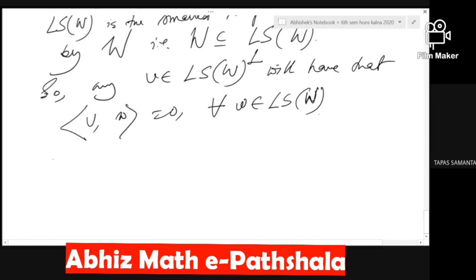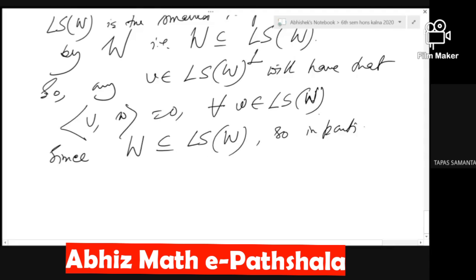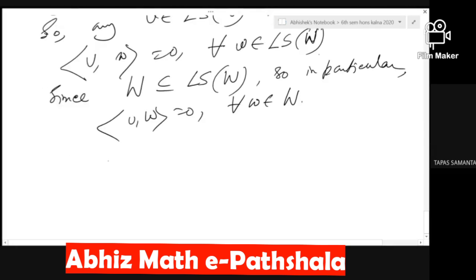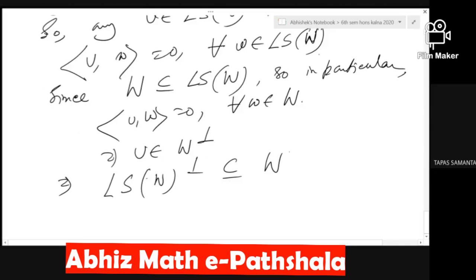Now, since W itself is a subset of LSW, in particular for every vector of W, the inner product of V and w is 0 for all w belonging to capital W, and that means V belongs to W perp. So therefore, LSW perp is a subset of W perp.